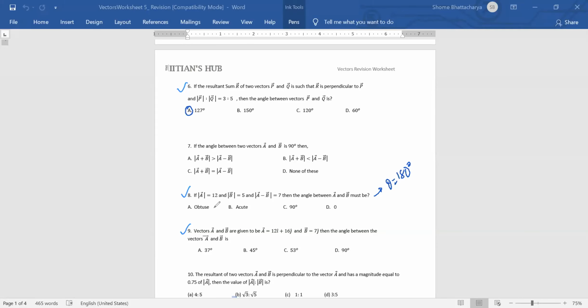Okay. So the only thing that fits, oh sorry, the angle will be 0. My mistake. It's A minus B, right?